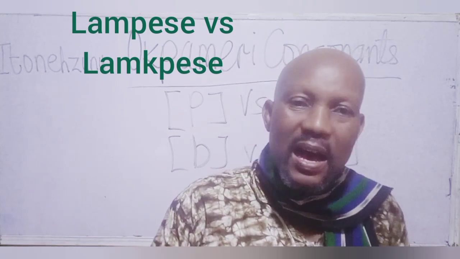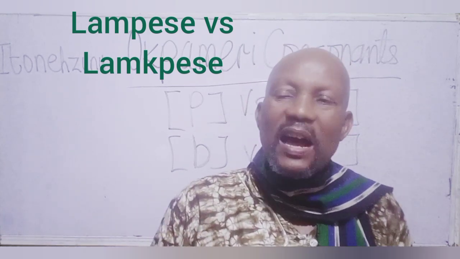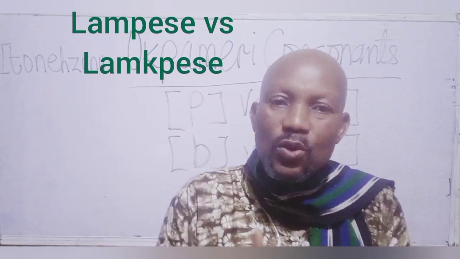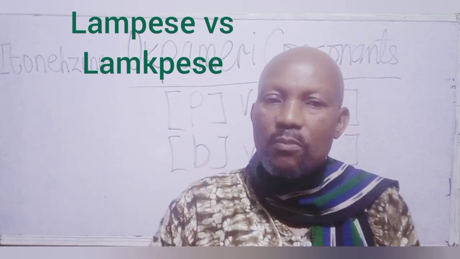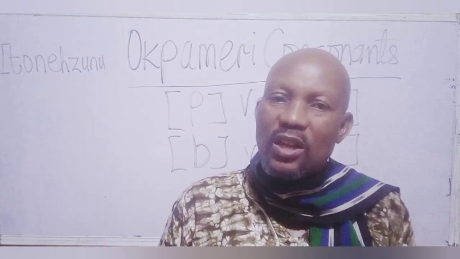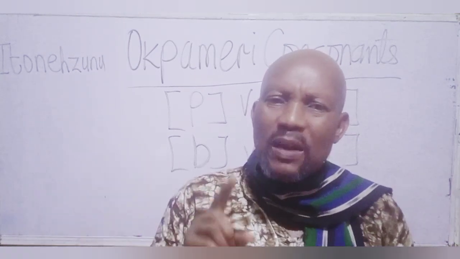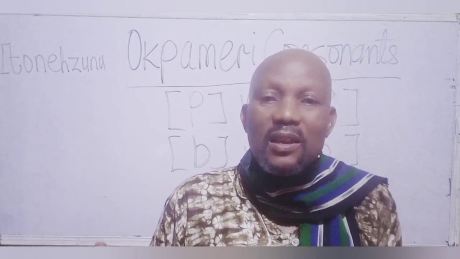In Yoruba, they have P, and KP is not common. Whenever a Yoruba person sees the letter P, he knows to pronounce it as P because KP is not common. But in our own, we have P and we have KP, so we need to differentiate them. If you give an Englishman the word Lampese spelled with P to pronounce, he will pronounce it wrongly.